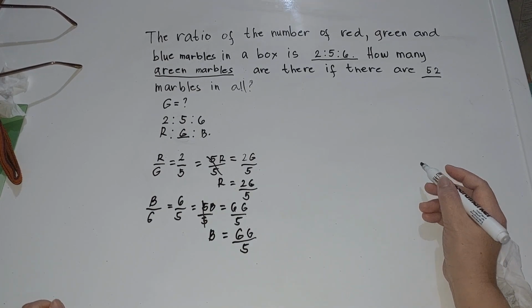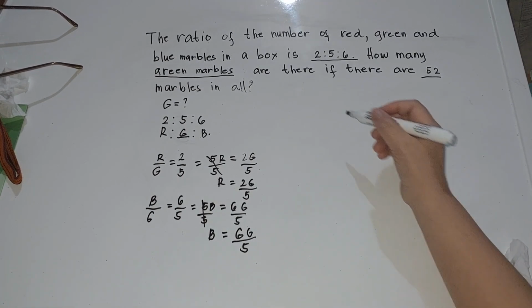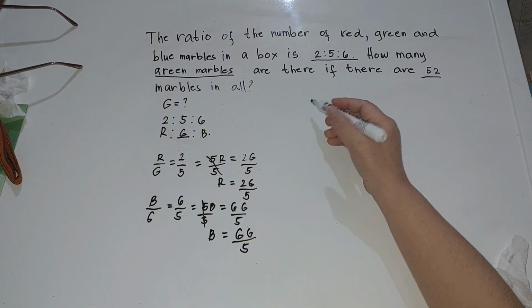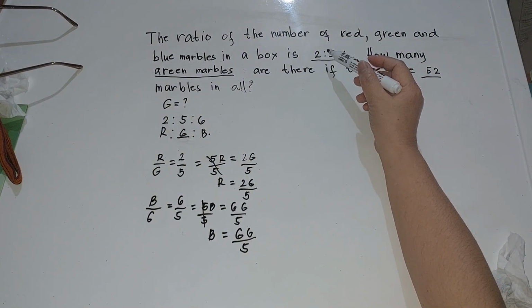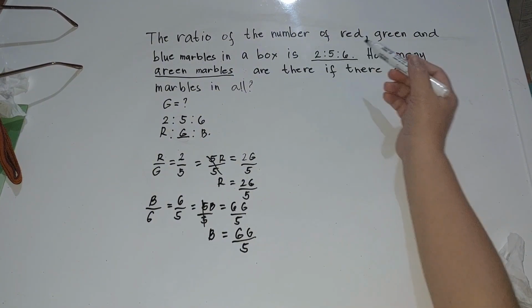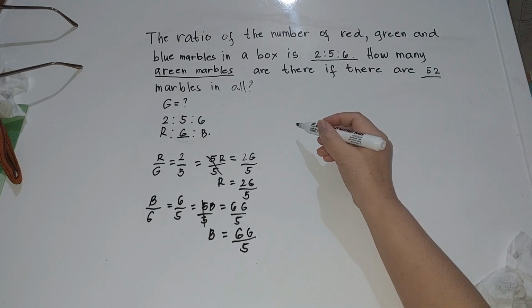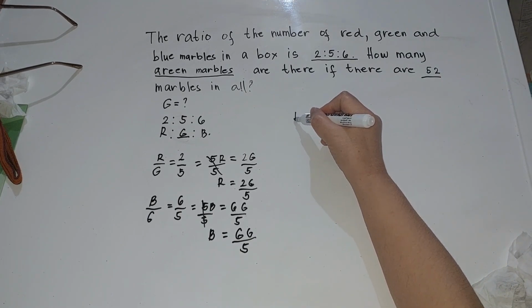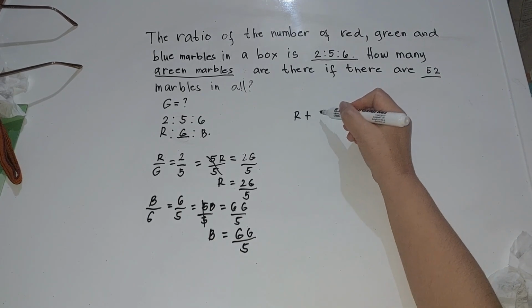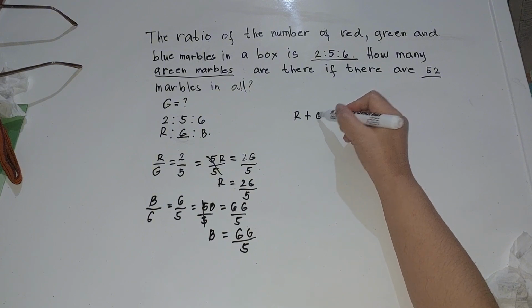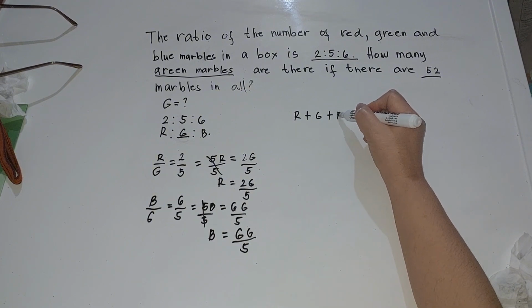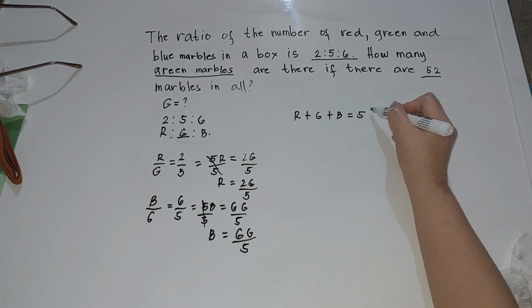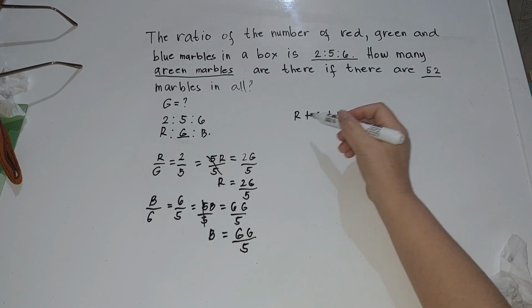So let's solve now. The total of red, green, and blue is equal to 52. So red plus green plus blue is equal to 52. Now let's substitute.